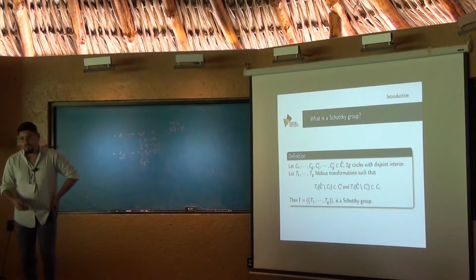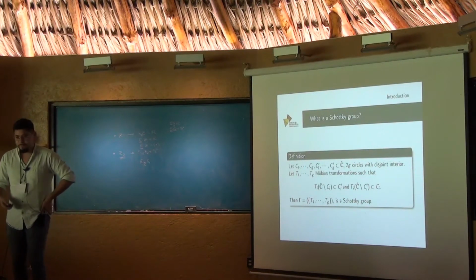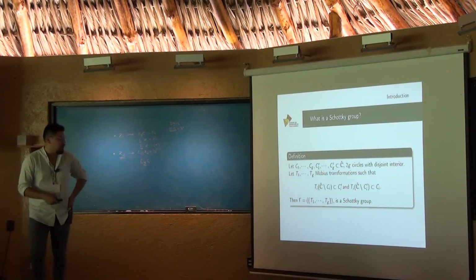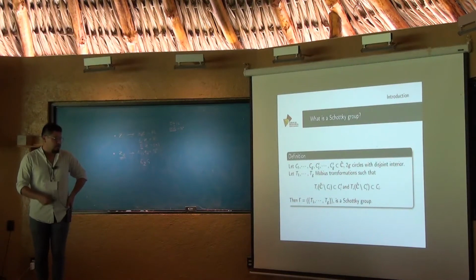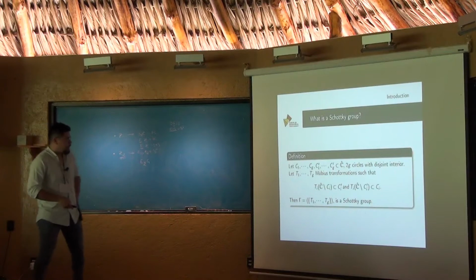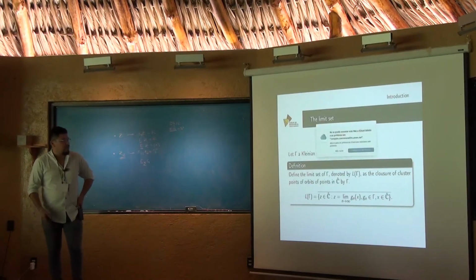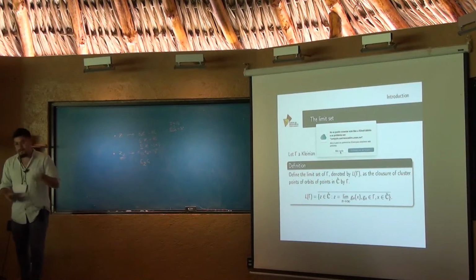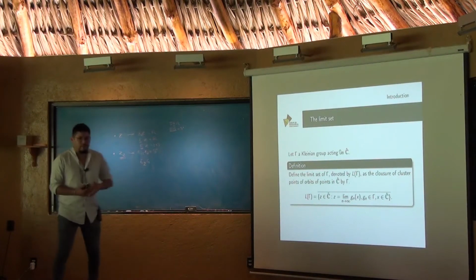In particular, Schottky groups are free, and it is a Kleinian group, and if it leaves a circle invariant, it is called a Fuchsian group. An important dynamical feature of Kleinian groups is the limit set.